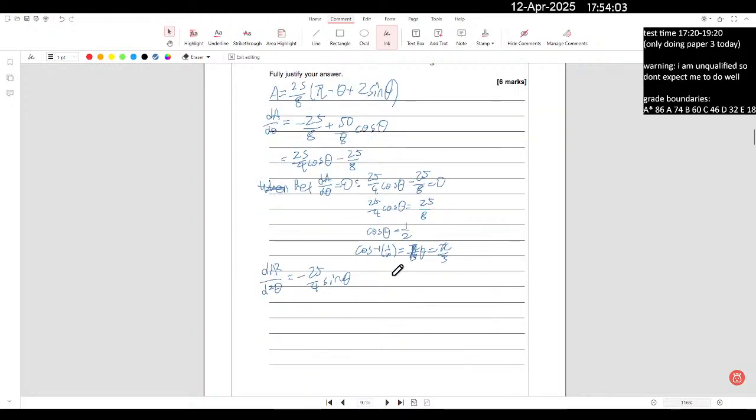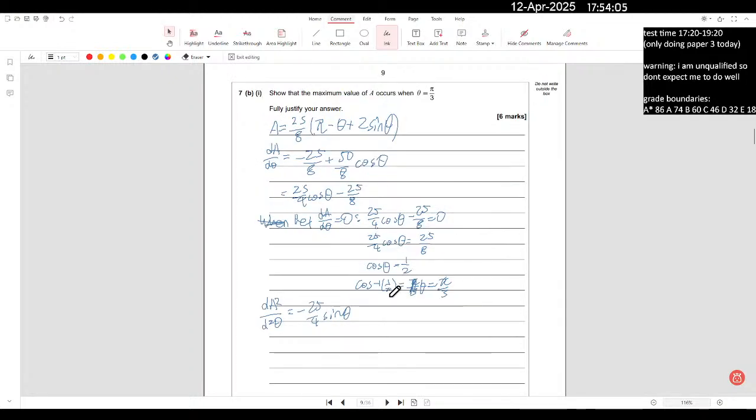Negative 25 over 4 sine theta. Substitute theta equals pi over 3.